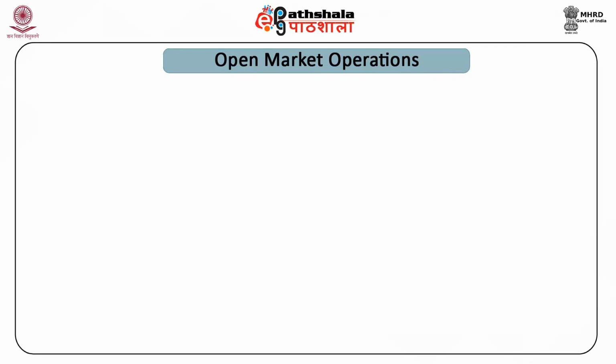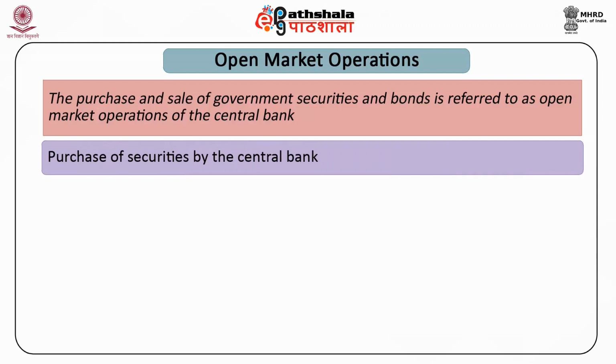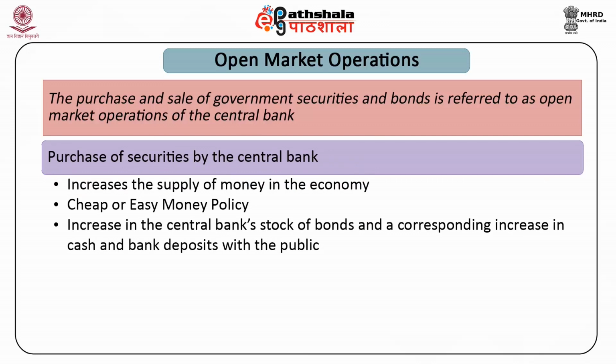Third tool of monetary policy used by RBI is open market operations. The purchase and sale of government securities and bonds is referred to as open market operations of the central bank. Purchase of securities by the central bank increases the supply of money in the economy.